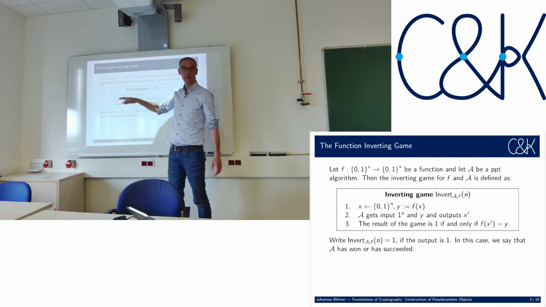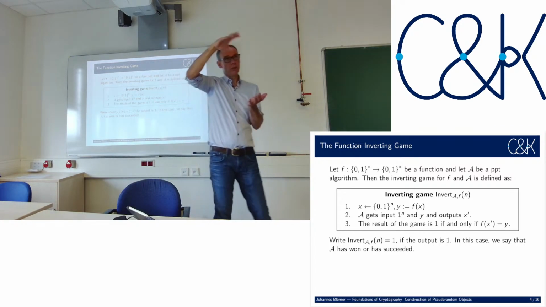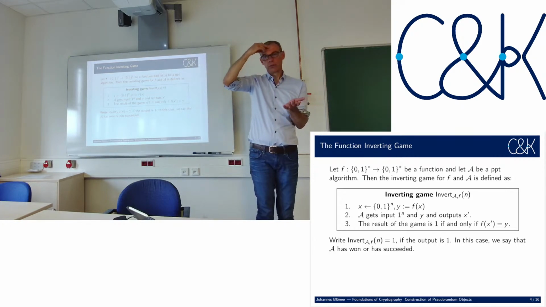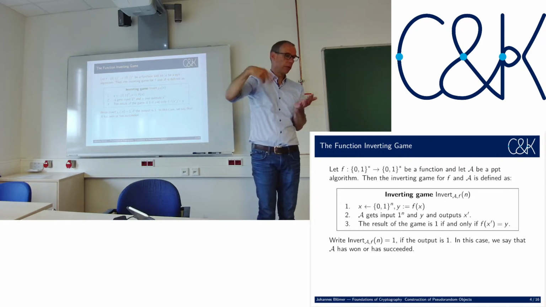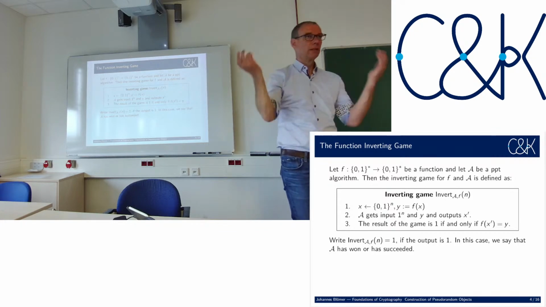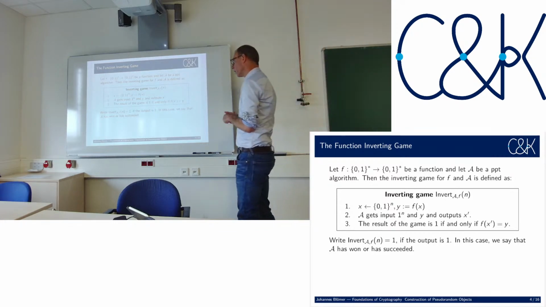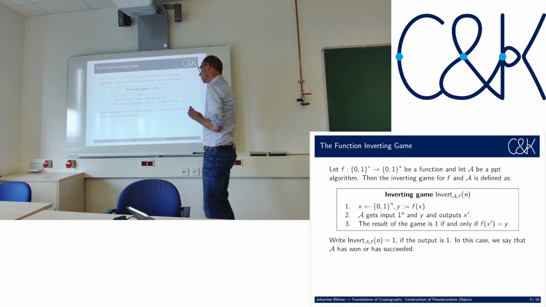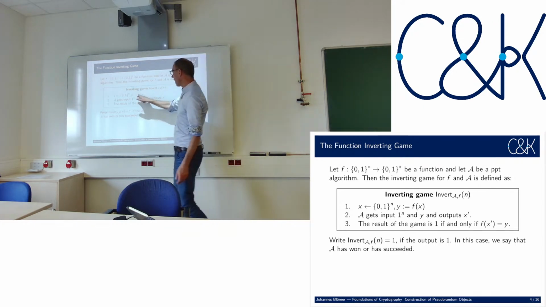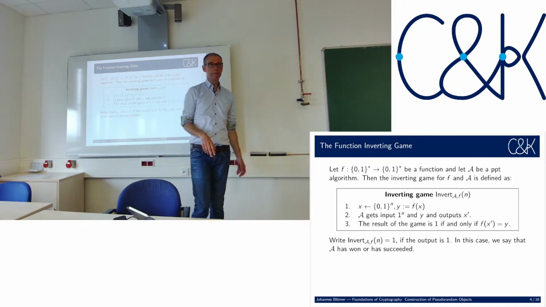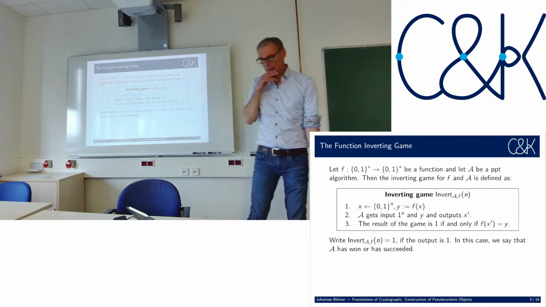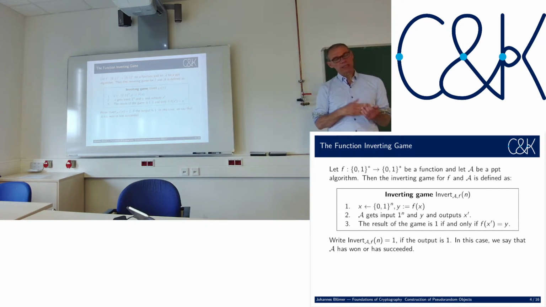This specifies the domain from which we pick x uniformly at random. We cannot pick x uniformly at random from {0,1}*, because that is infinitely large, and we cannot pick uniformly at random from infinitely large domains. And then we set y to be f(x). So y is the image of x.